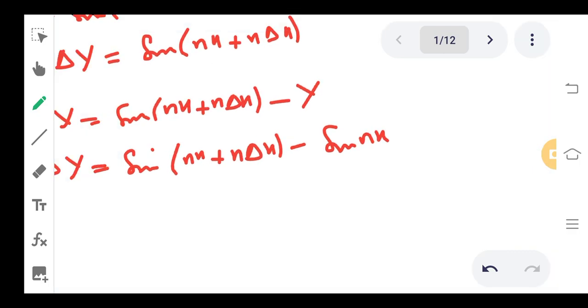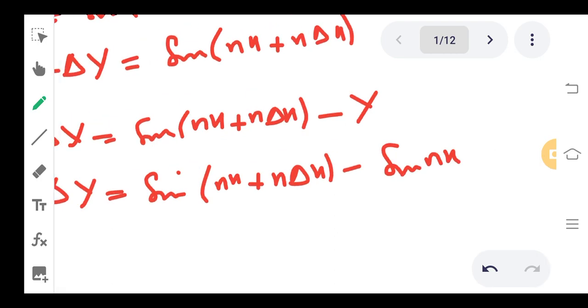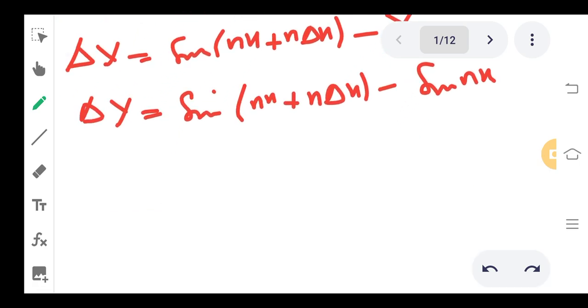Here we are solving the question involving n multiplied by x, and after the solution of this you can solve any type of angle given in the sine.